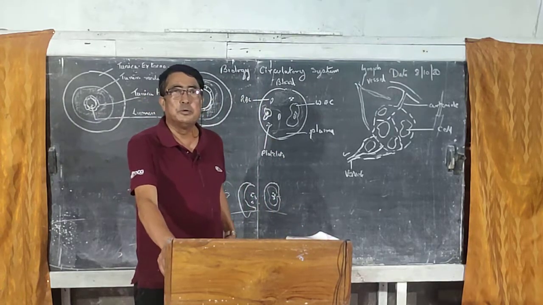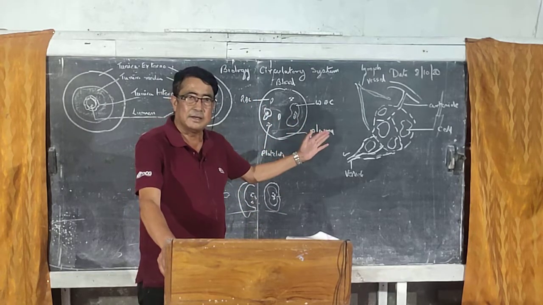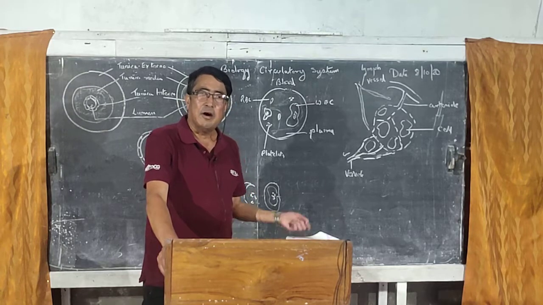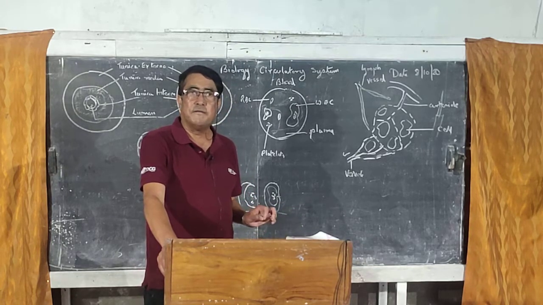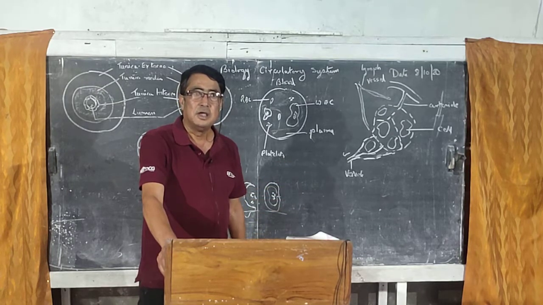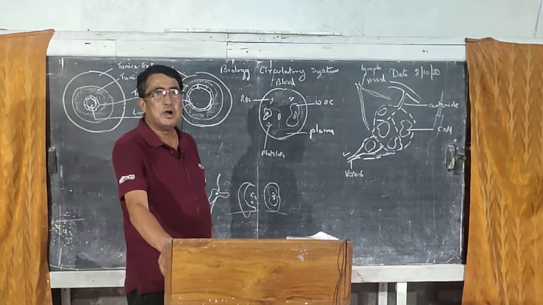Hemoglobin helps to transport oxygen from the lungs to the cells. Hemoglobin combines with oxygen in the lungs, and oxygen is transported in the form of oxyhemoglobin from the lungs to the cell. So the overall function of red blood cell is to transport oxygen.